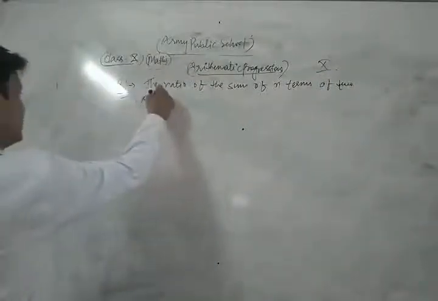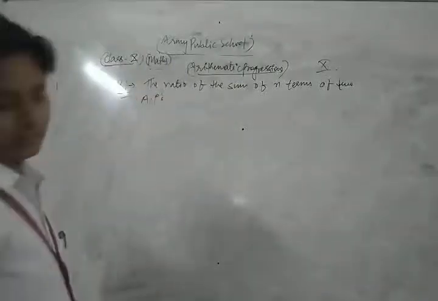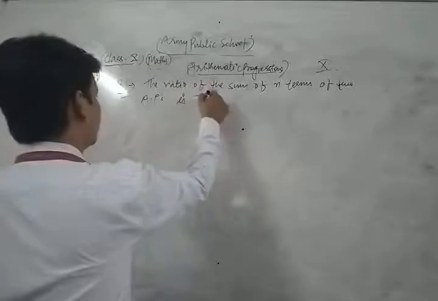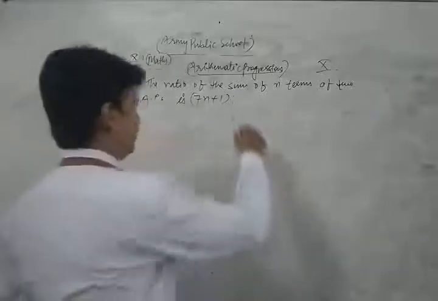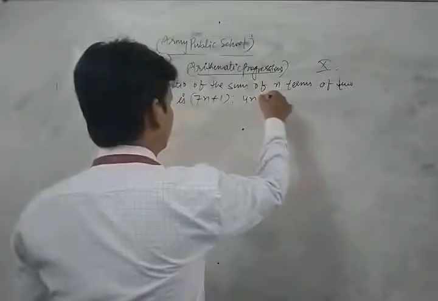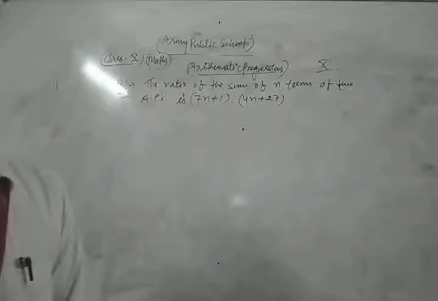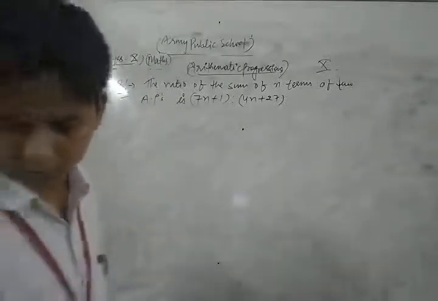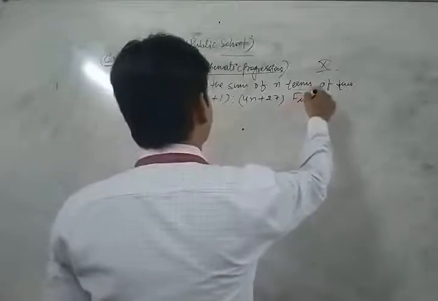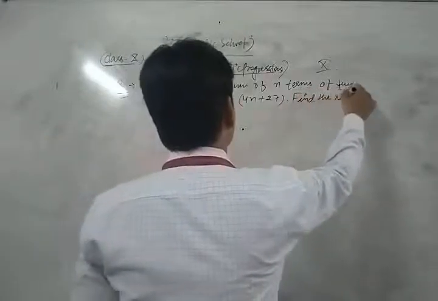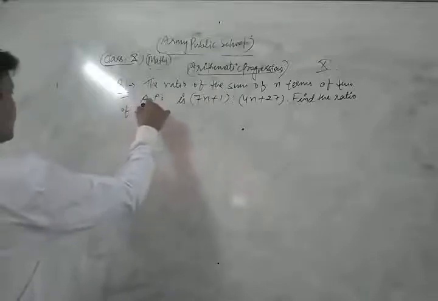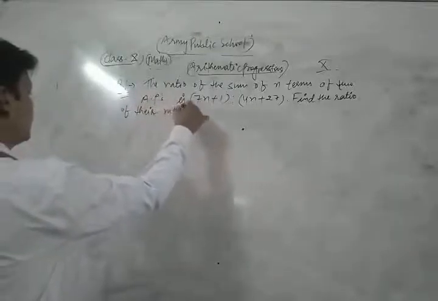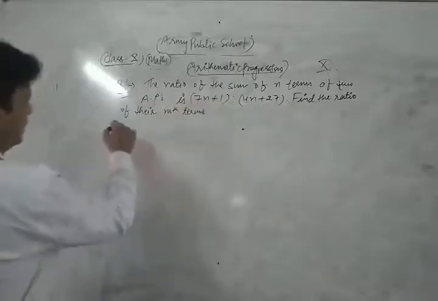Two different APs are there. Find the ratio of their mth terms.